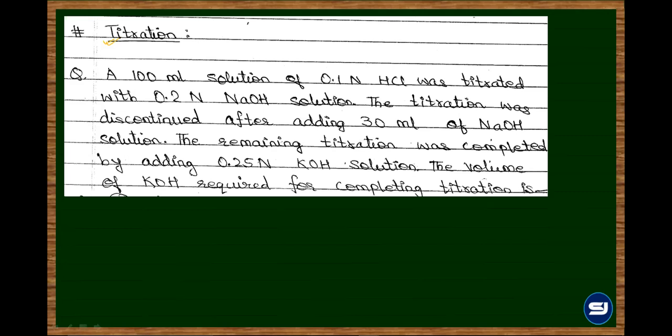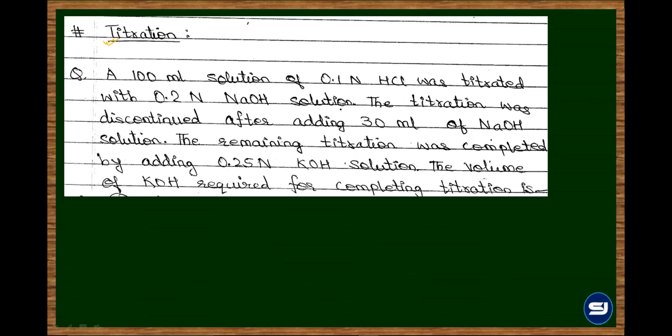Okay. So one example of titration is being given, and for that the calculation was asked. So question is, 100 ml solution of 0.1 normal HCl was titrated with 0.2 normal NaOH solution.